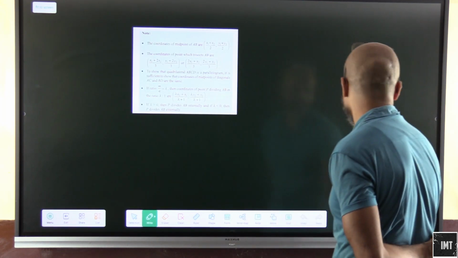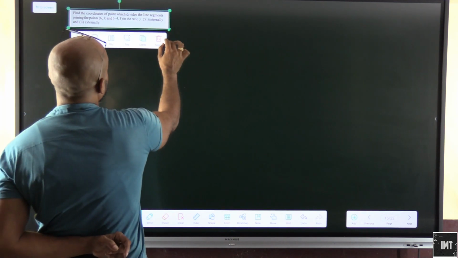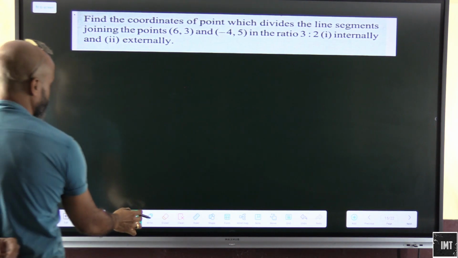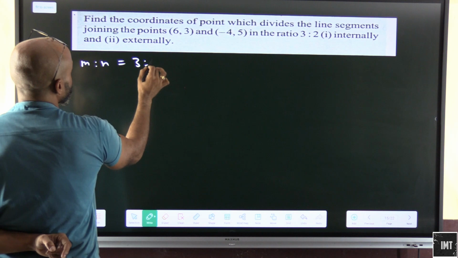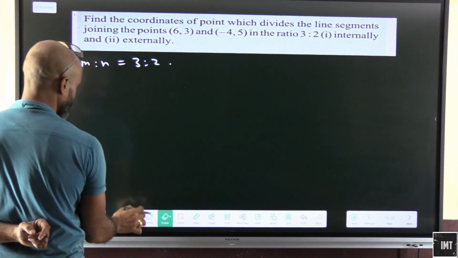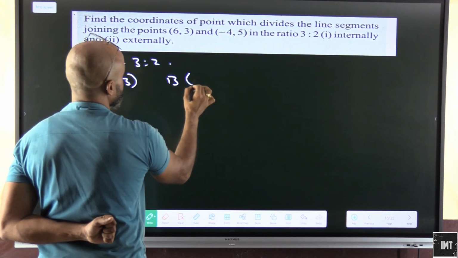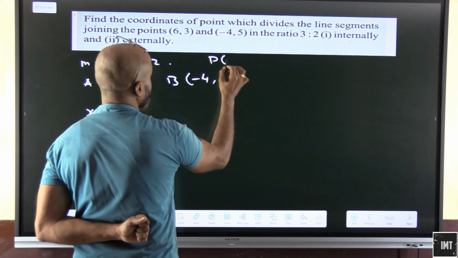So these are certain things that we need to take care of. Okay, so find the coordinates of the point which divides the line segment joining the points in the ratio of 3:2 internally and externally. So m is to n here is 3:2. The points are A, that is 6 3, and B, that is -4 and 5. Let's say the point is P x y.